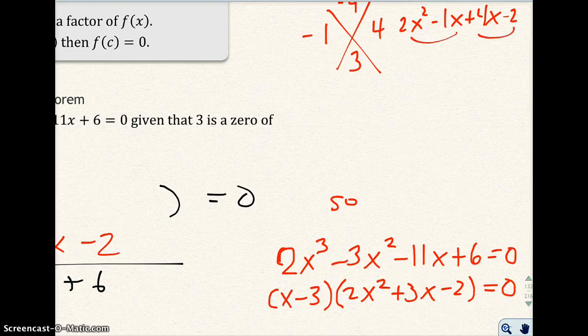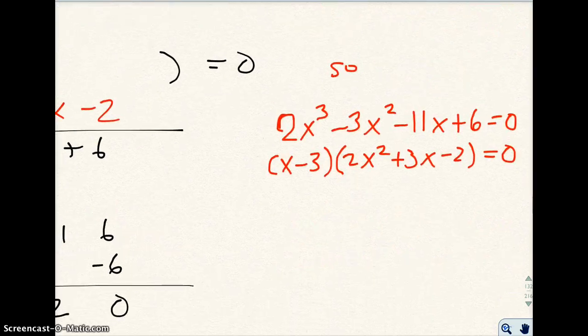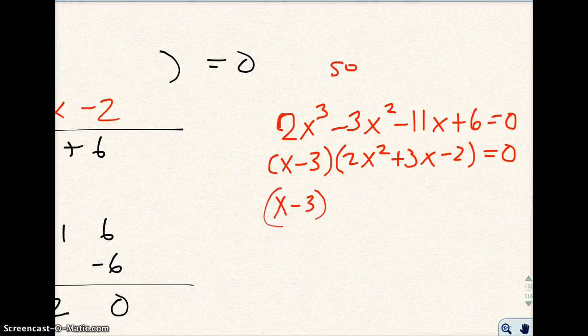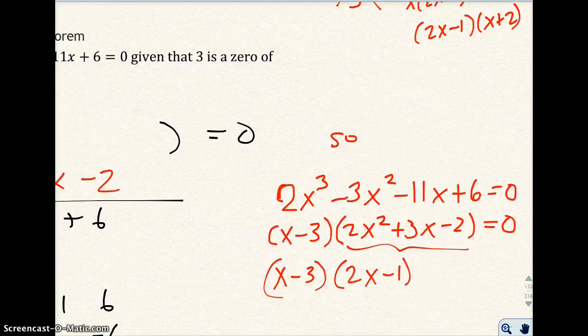And I'm going to do grouping here. So I get x times 2x minus 1. Pull out 2 here, I get 2x minus 1. So 2x minus 1 and x plus 2. So down here, this is the same thing as x minus 3, and I factor this out, I get 2x minus 1 and x plus 2 equals 0.